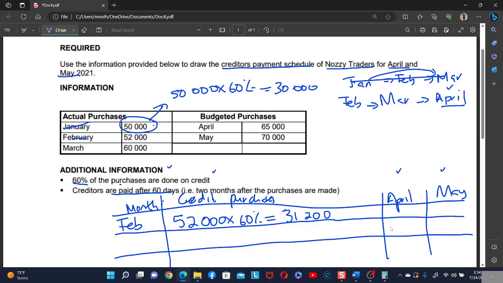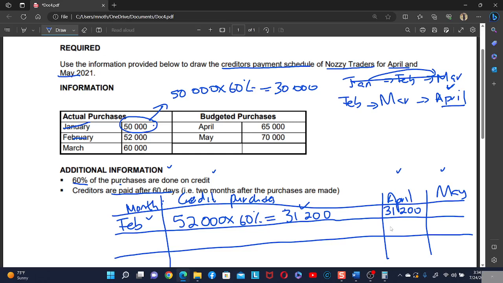We are told that creditors are paid after 60 days, so these credit purchases done in February will be paid after 60 days, that is April.